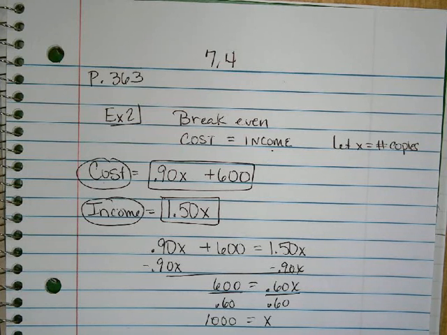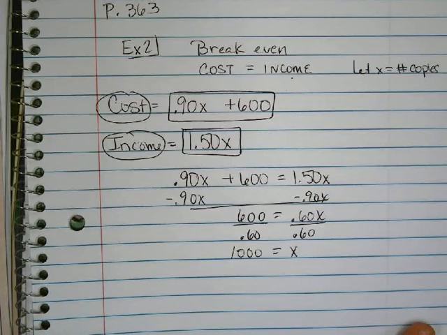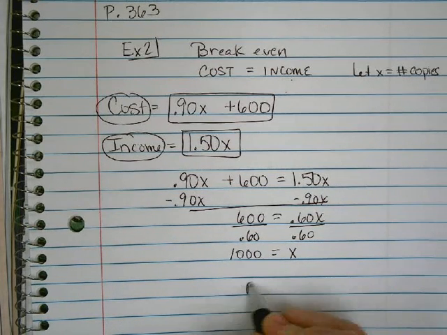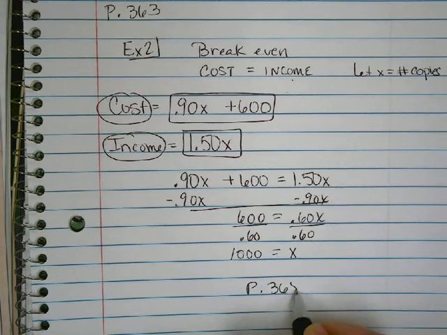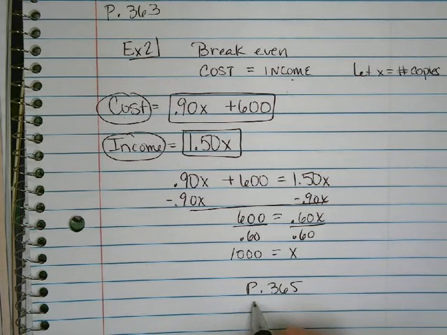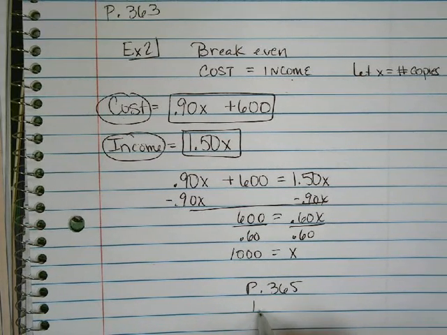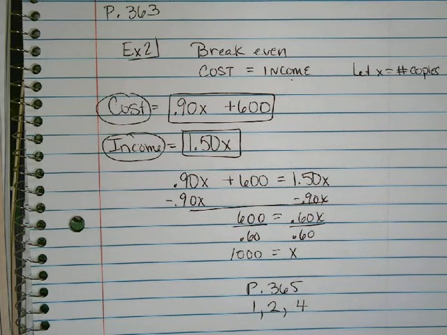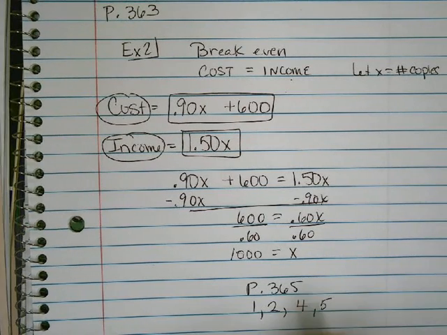Okay. Let me pick out a few problems for you to do from this lesson tonight. We're going to still be on the same lesson tomorrow, but we're about out of time. So on page 365, I need you to do number 1, number 2, number 4, number 5, and number 6.